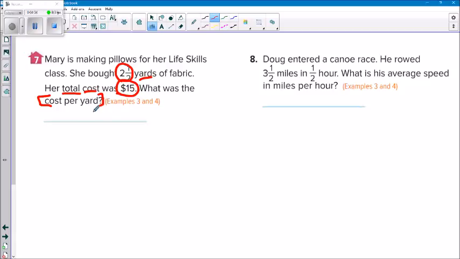The cost per yard, $15 divided by 2.5 yards. And no making fun of my handwriting because it's not easy to do with a mouse, just saying. So as we looked at the last 6 problems, you're just doing a division problem. It's 15 divided by 2.5.